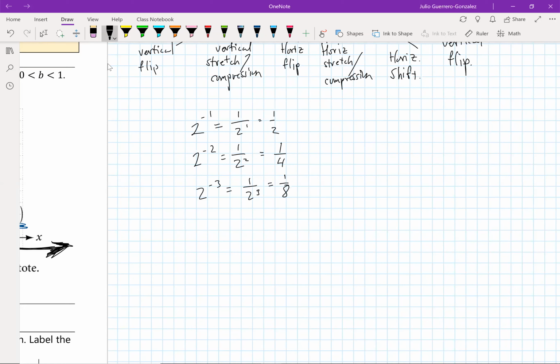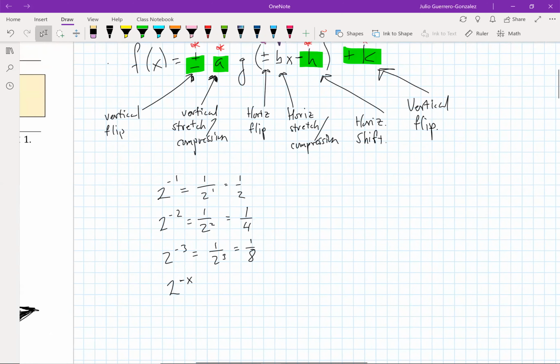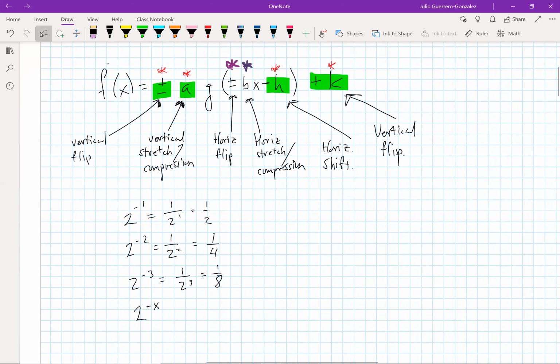All right, here's the kicker. You guys ready? 2 to the negative x. What should that be if you use just the graphing information that was given above it? It'd be 4. So this negative something added in, what does that negative do?